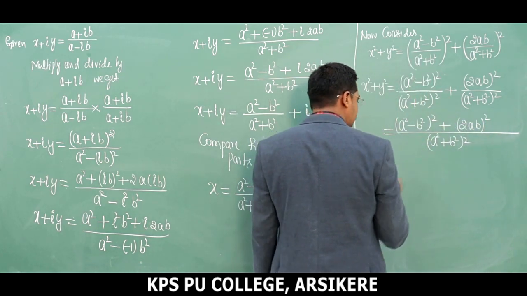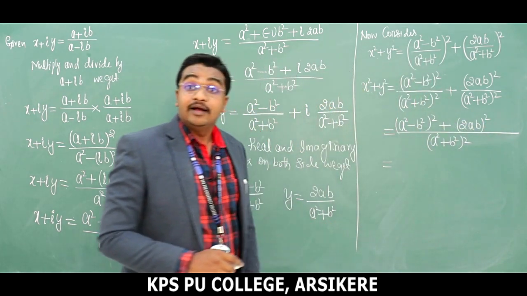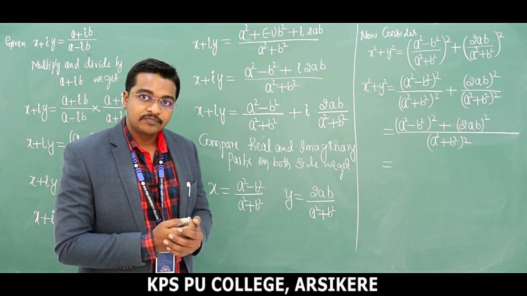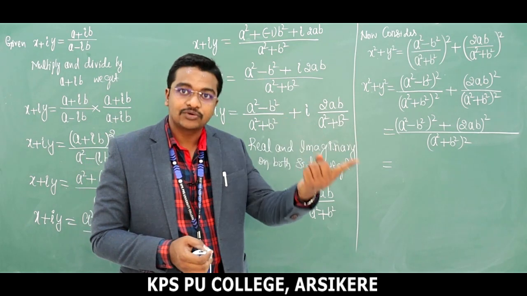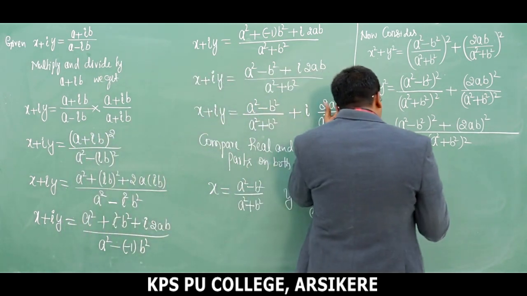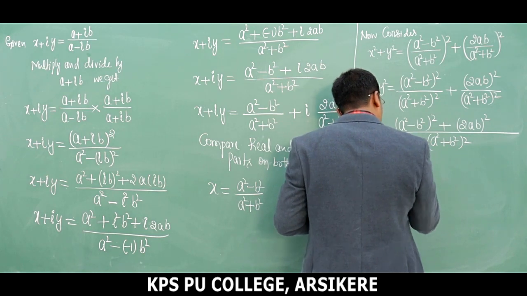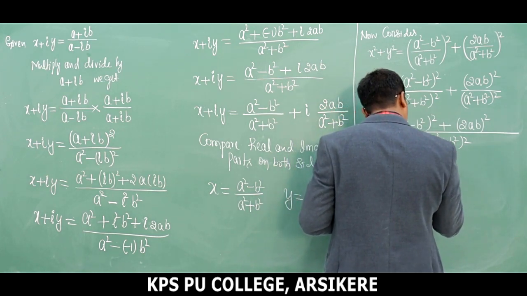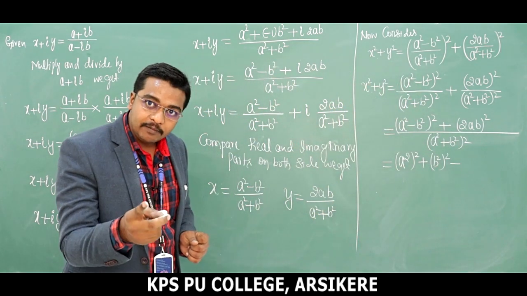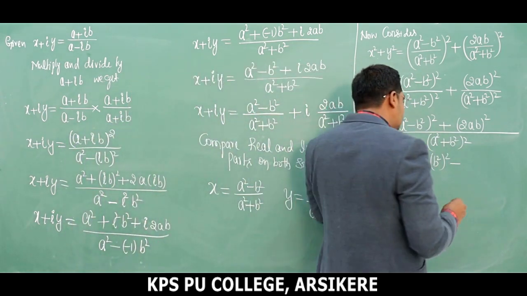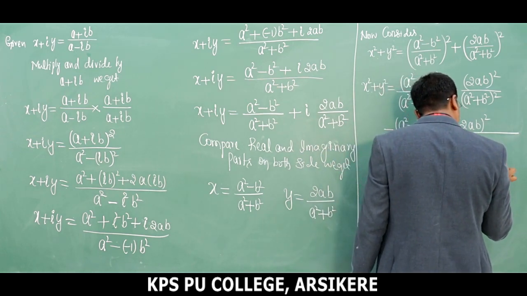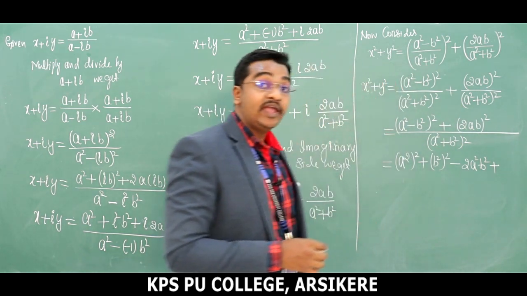Next step is simplification. Just expansion using the formula a minus b whole square. Here we have a square minus b square whole square, so treat a square as a and b square as b. Here we are left with a square whole square plus b square whole square minus 2ab, where a is a square, so this becomes 2a square b square, plus 2ab whole square.